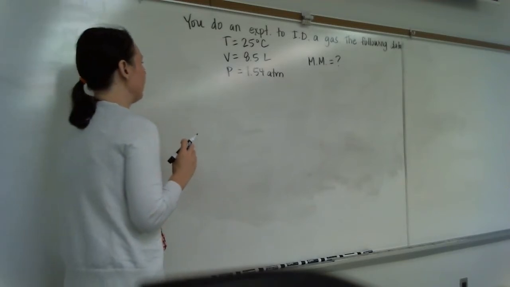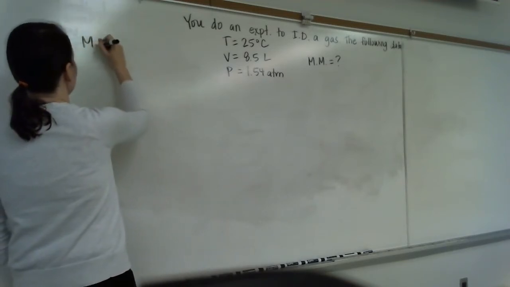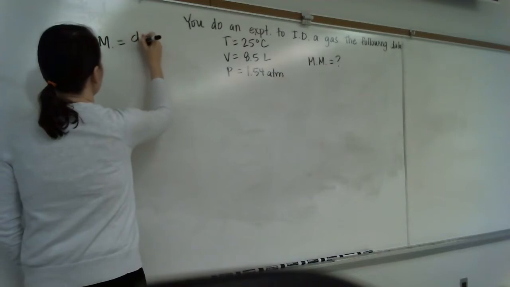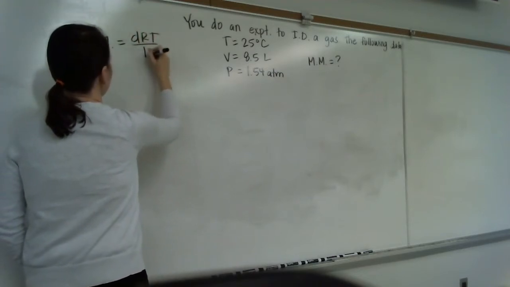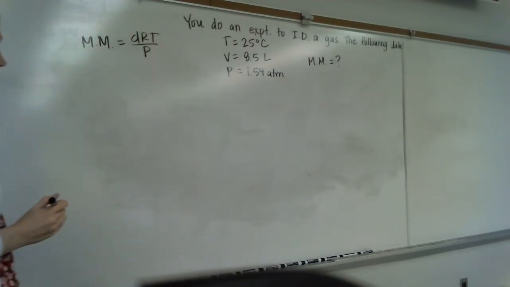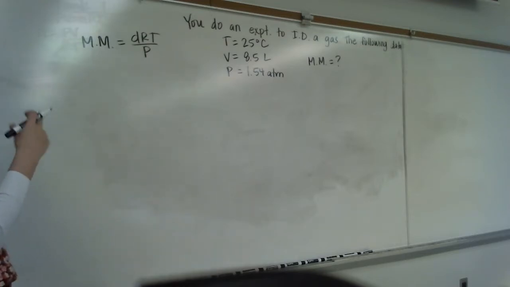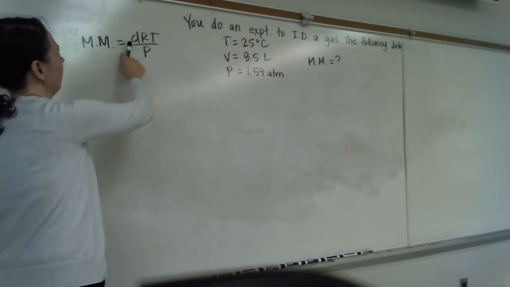So first thing we need, if molar mass is dRT over P, what do we need first? We need to find the density, right? So how do we get density? What do we have to do before we can get density? We have to find number of moles.